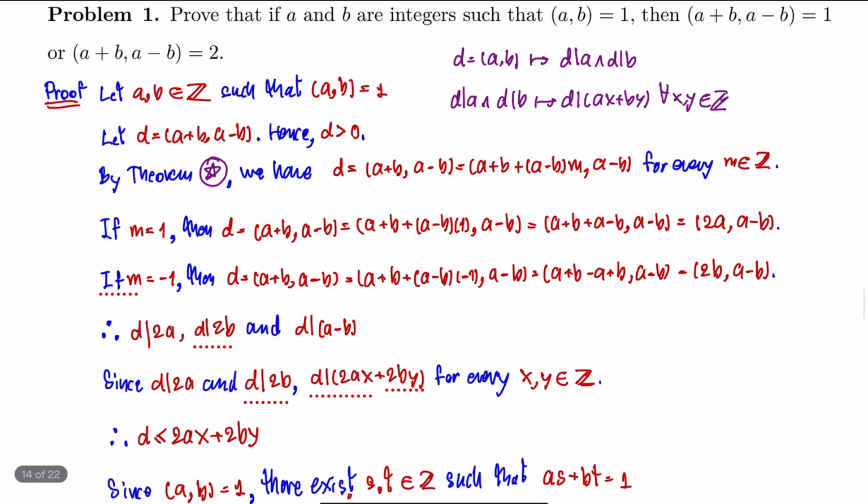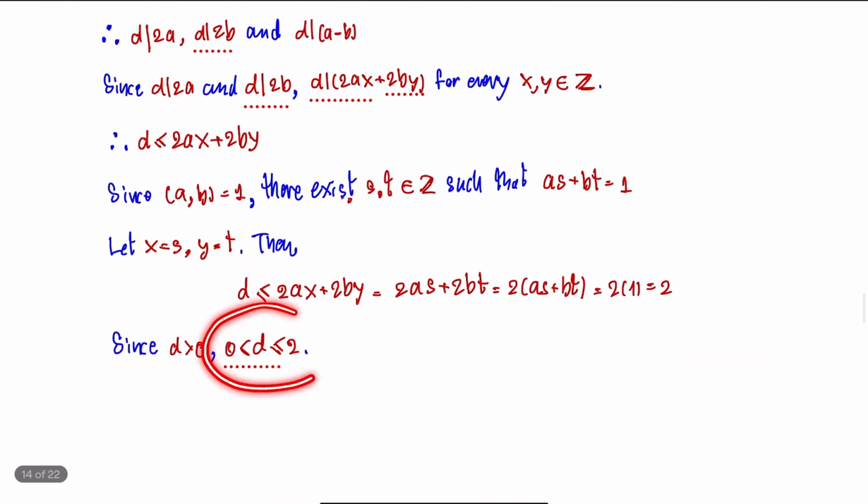So the greatest common divisor of a number must be greater than 0. Okay? Now let's go back to here. Now d is greater than 0 and less than or equal to 2. That means that d can be 1 or d can be 2. The reason is since d is a positive integer that is greater than 0 and less than or equal to 2, the only number that d can be is either 1 or 2.